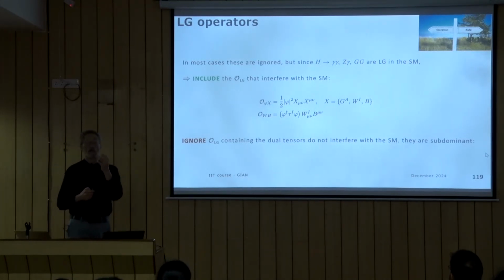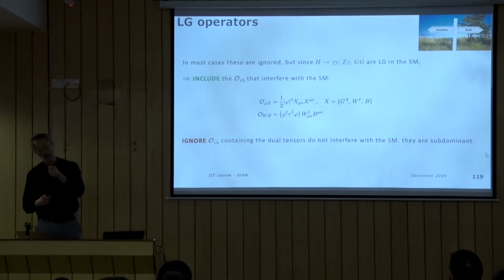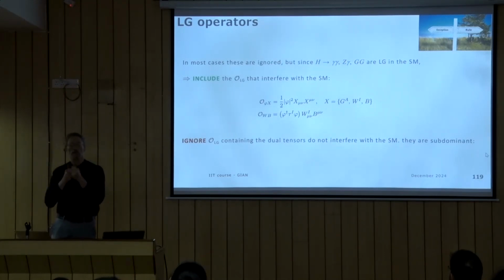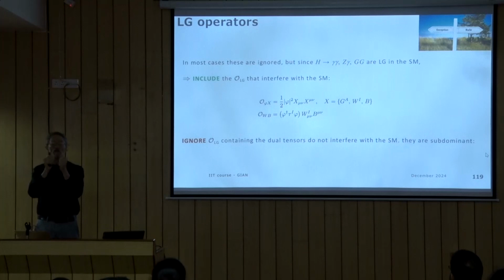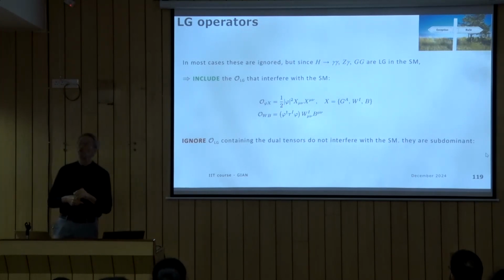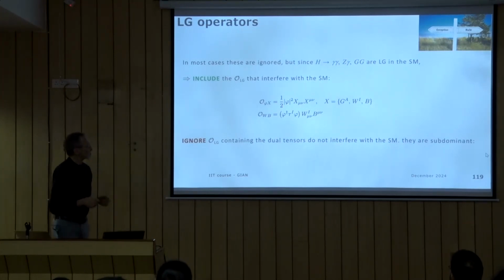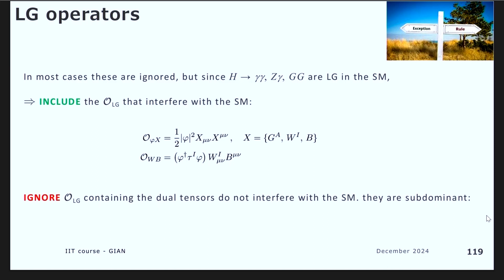Because we're comparing apples with apples: the standard model is loop, these guys are loop. And the interference term goes like 1 over lambda squared, and we're good. The terms that are loop generated and can be ignored are those that do not interfere with the standard model, because then their effects are 1 over lambda to the fourth in the cross-section, because the cross-section is the square of the amplitude.